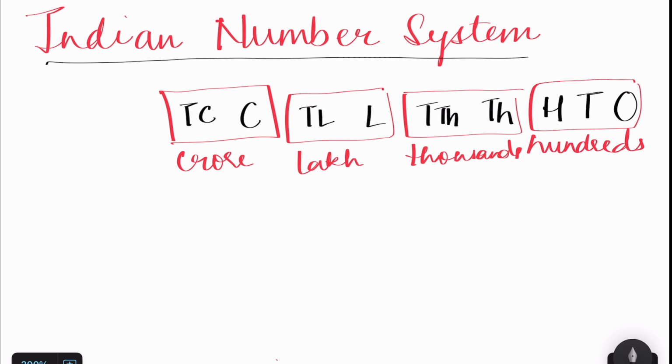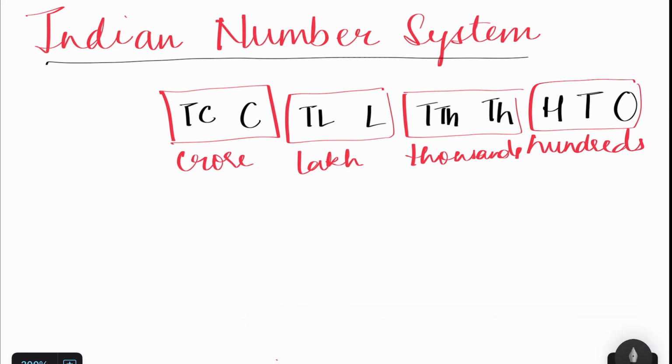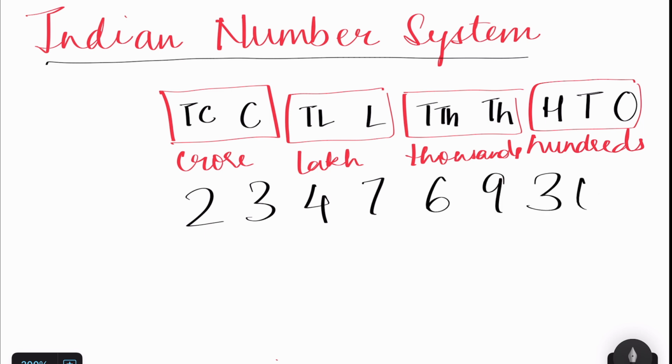Now, why am I telling you about these families? This will help you in placing the commas right in the Indian number system. Let me give you an example. So if I give you a number, any number, right? So let me just write down a number for you, and you have to present it in the Indian number system, right?